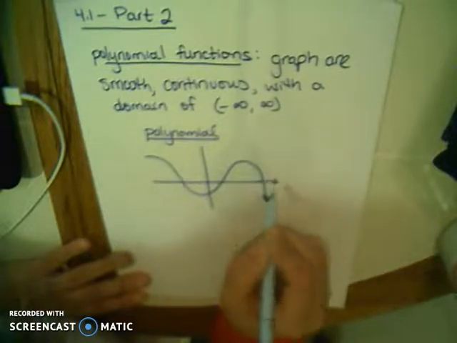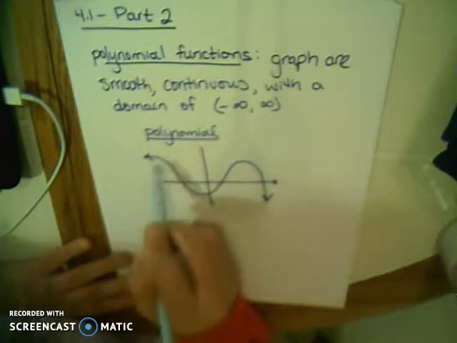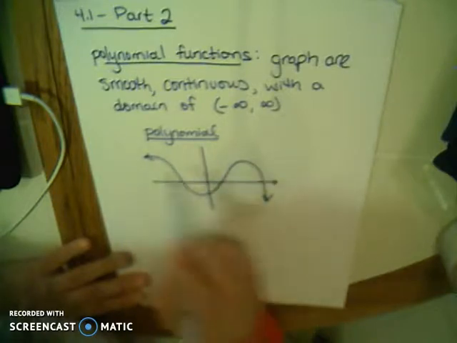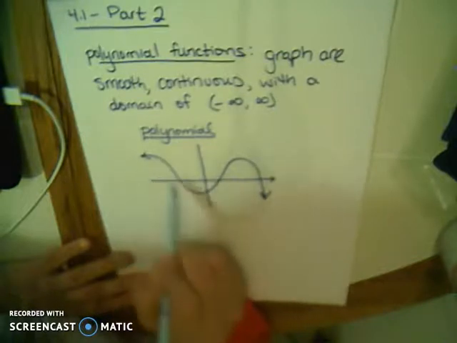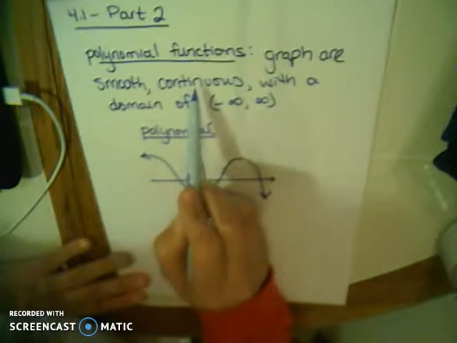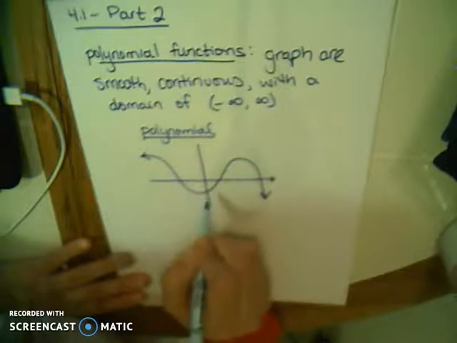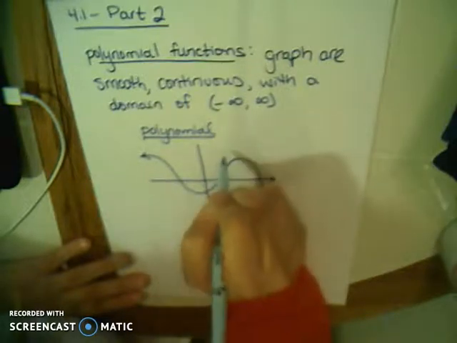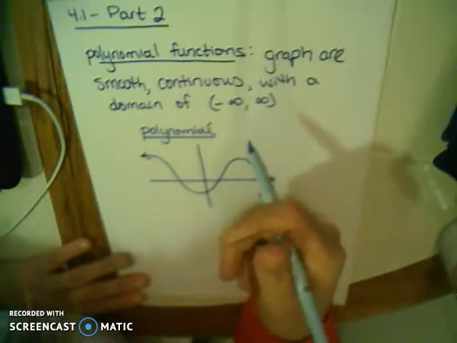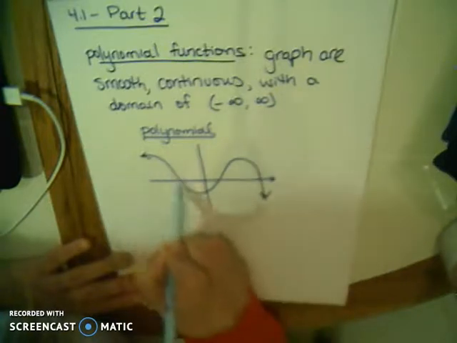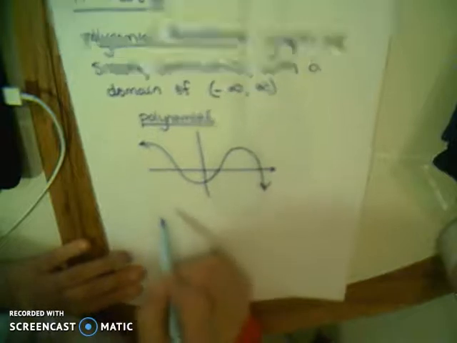And I'm going to end all the way on the right. And I connected the entire thing with one curve. That made it continuous. If at any point I had to stop and pick up my marker and put it down in a different spot, that would create a hole or a gap in the graph, and that's not continuous. It's smooth because there are no sharp corners.